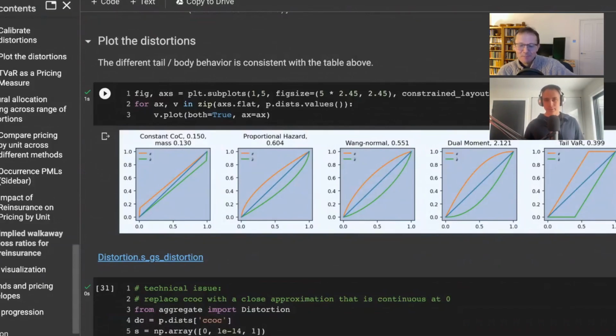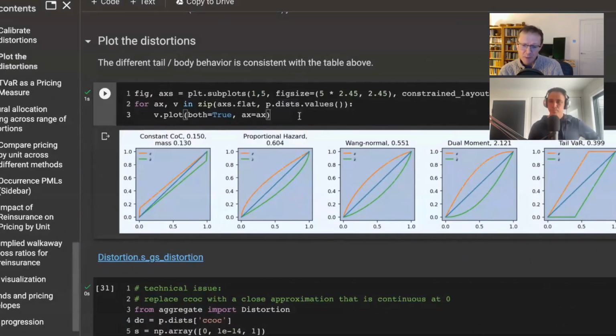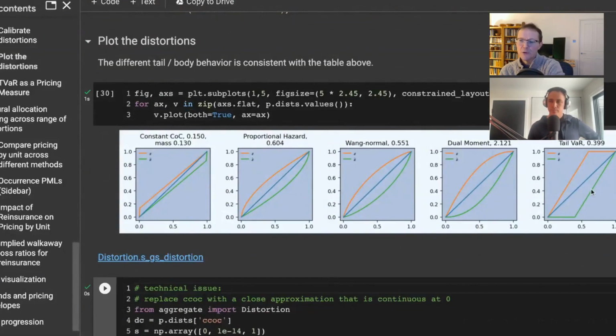Now, the last thing I want to talk about is how do you pick which one of these you like? There's a few things to look at. One is the types of things we were just doing. Management typically has a view around how they feel about various forms of reinsurance and how they feel about tail risk. And what we've seen is the ones to the right, the dual, the TVaR, are often more in agreement with how management's thinking.